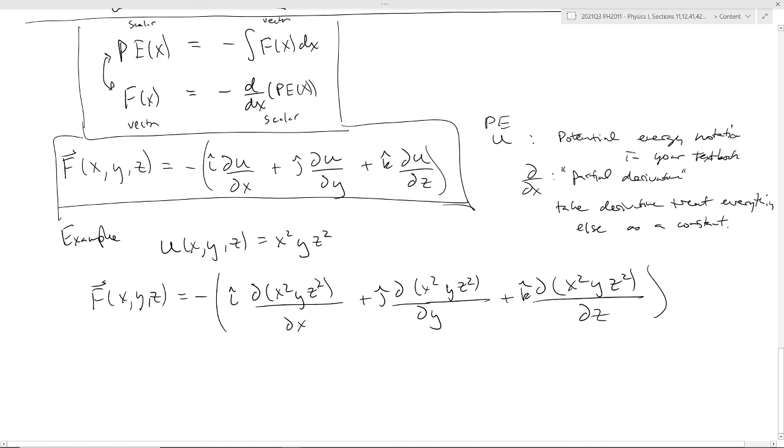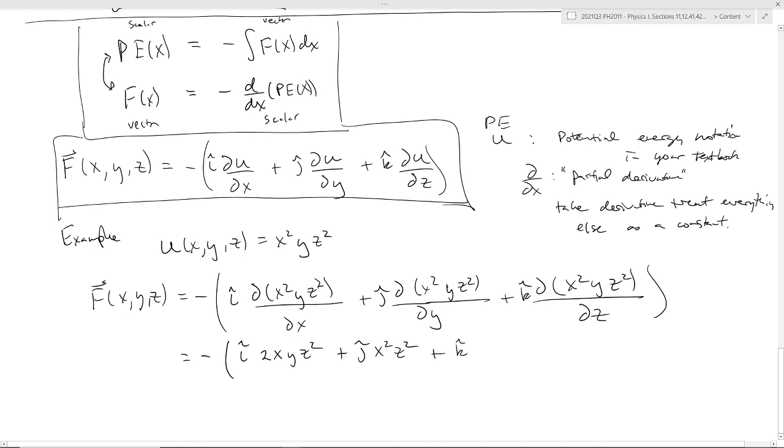And so what do those derivatives look like? Well, this will be negative i hat times the derivative of x squared y z squared with respect to x, which would just be 2x y z squared. Just treat everything else as if it's a constant. The derivative with respect to y would just be x squared z squared.